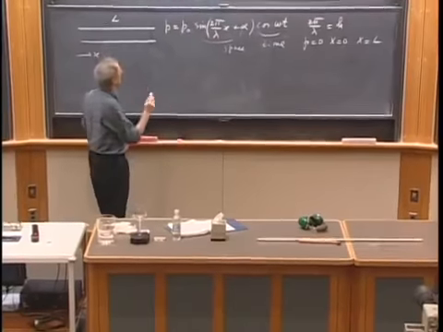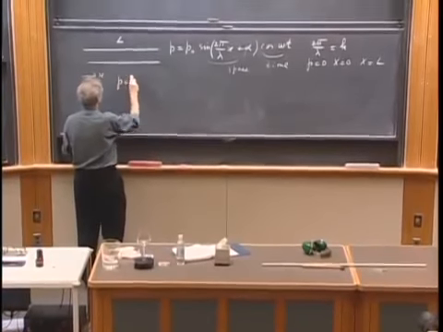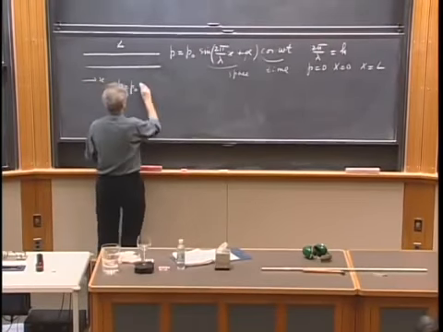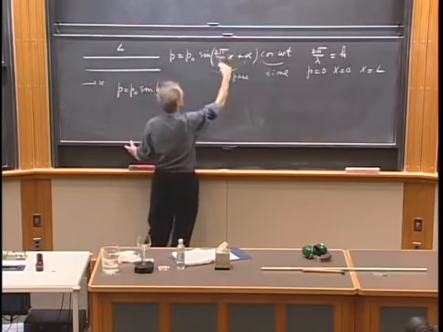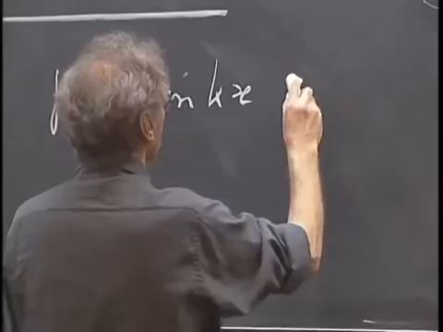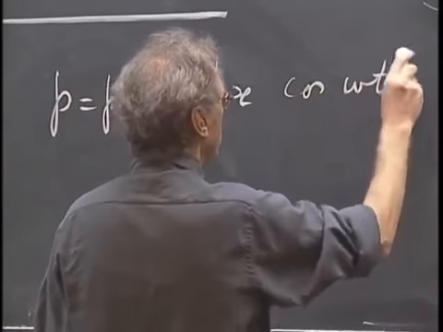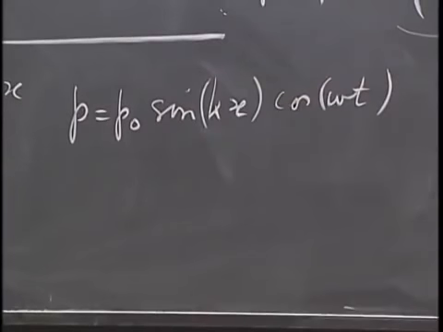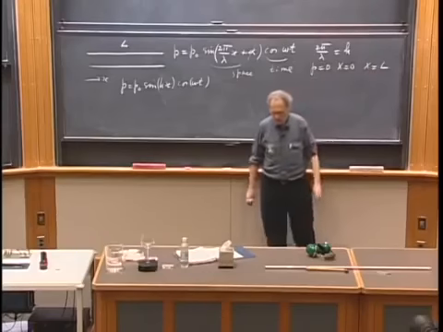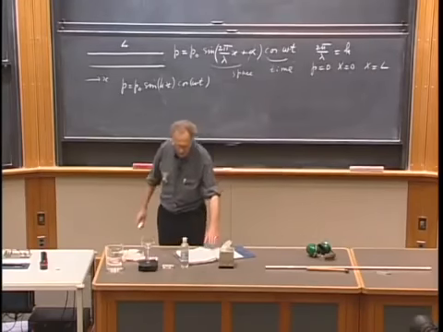So I'm going to rewrite it now. I'm going to write down P is P0 times the sine of kx. So I'm going to replace this by k. I know that alpha is 0, times the cosine of omega t. And now I must meet the boundary condition that when x equals L, P is again 0.